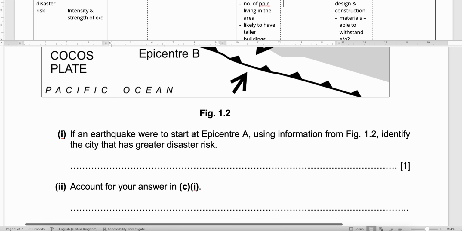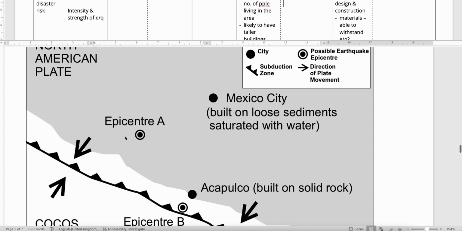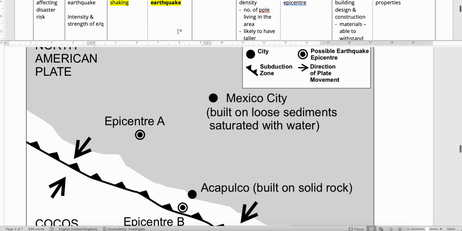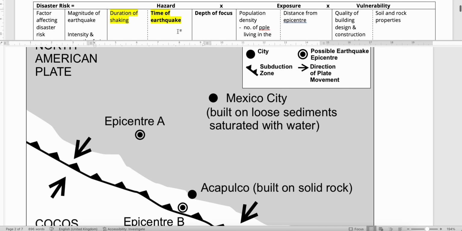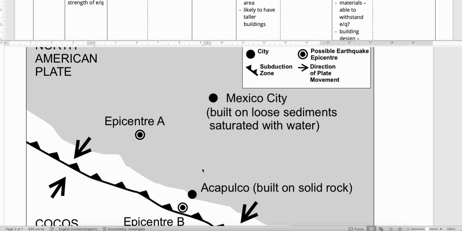If an earthquake were to start at epicenter A, using information from figure 1.2, identify the city that has a greater disaster risk. So for epicenter A, you have this city over here, Acapulco, and this city here, Mexico City. If you were to estimate the distance from the epicenter, is that a possible factor that caused one place to be more affected by the earthquake, to have more damage and more injuries?